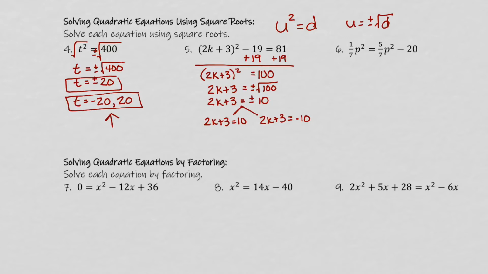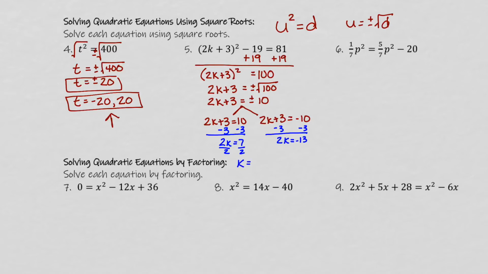If you notice, your steps should be the same. I'd have to subtract 3. I'm trying to solve for k. So I get 2k equals 7. Over here, I also have to subtract 3. I get 2k equals negative 13. Solving for k, I have to divide everything by 2.